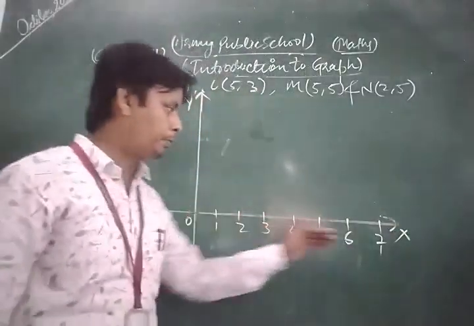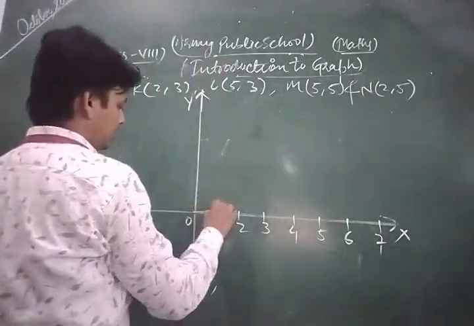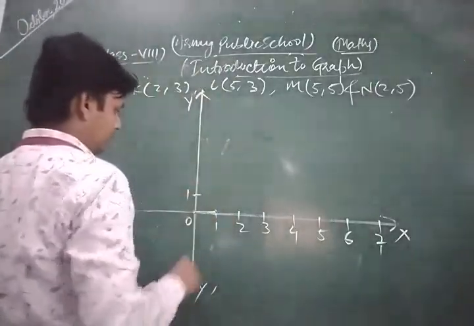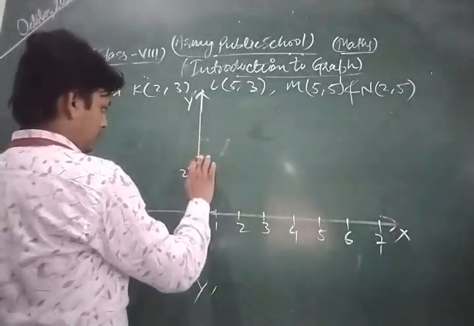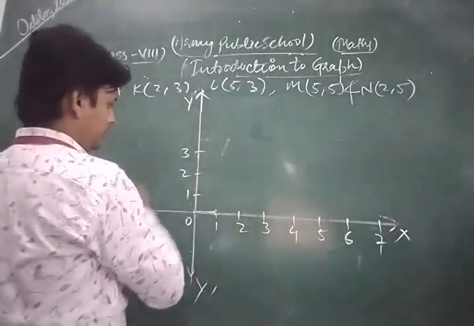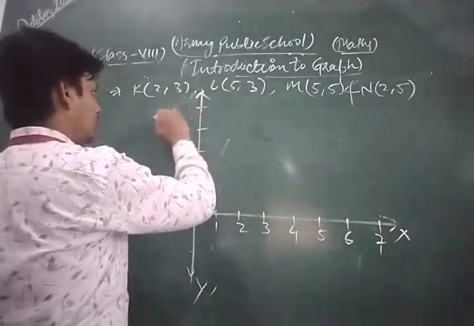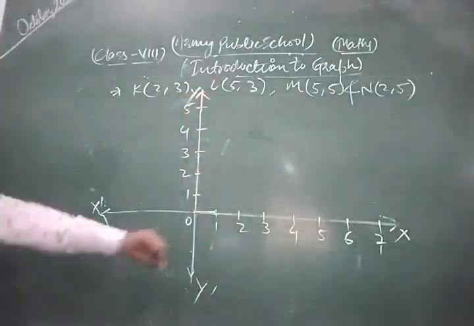This is the positive direction of x. Similarly, in the upward direction from the origin, this is the positive direction of y, that is 1, 2, 3, 4, 5.